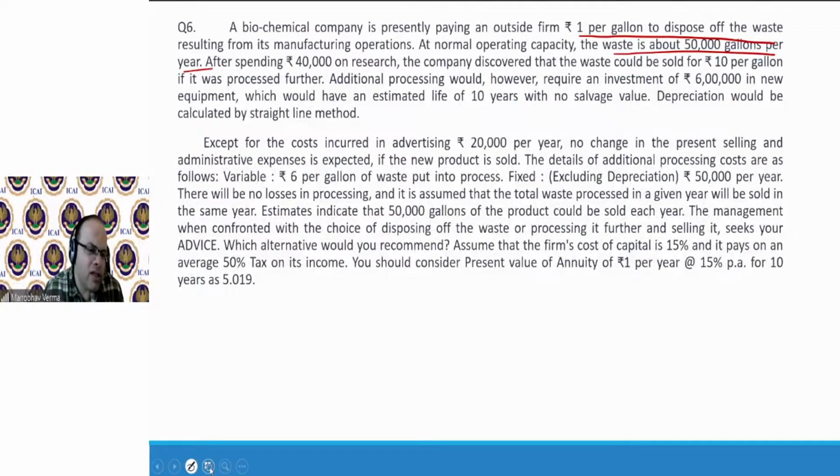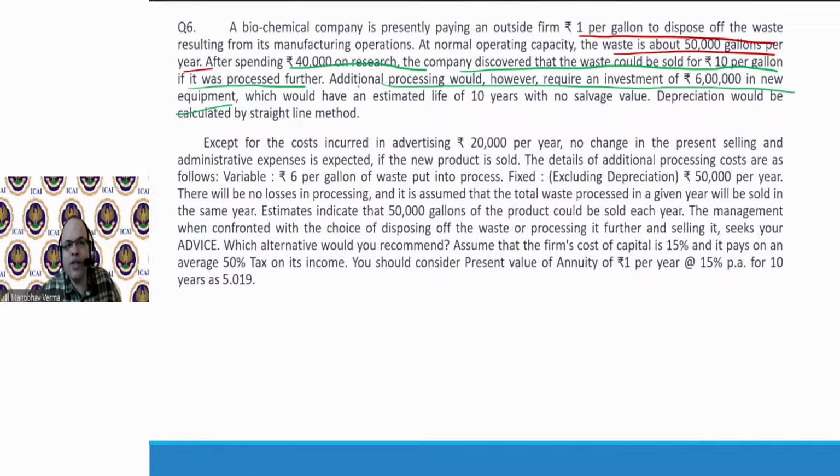Now what they have done is they have done some research. After spending 40,000 on research, the company discovered that waste could be sold for 10 per gallon if it was processed further. But additional processing would, however, require an investment of 6 lakhs in new equipment. Wow.